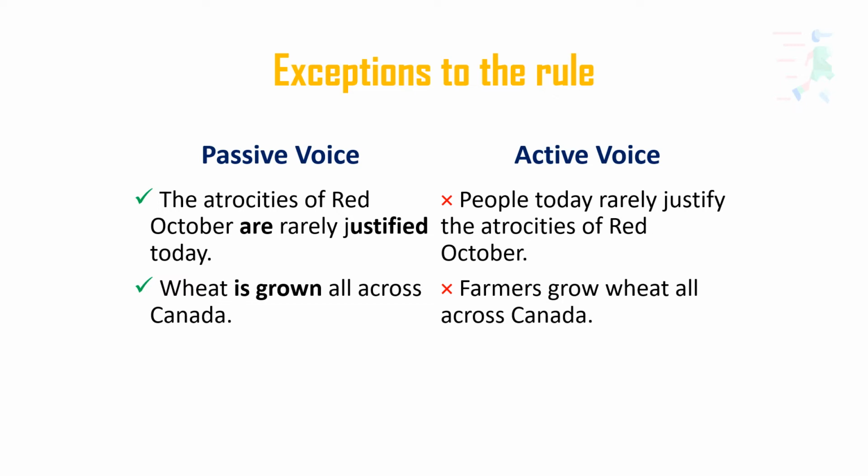Notice that in both of these examples, the use of the active voice doesn't really add any meaning, nor does the use of the passive take away any meaning. This is because the subject, in other words, people and farmers, are quite mundane and obvious. Moreover, our focus is on the atrocities of Red October in the first sentence and wheat in the second sentence.